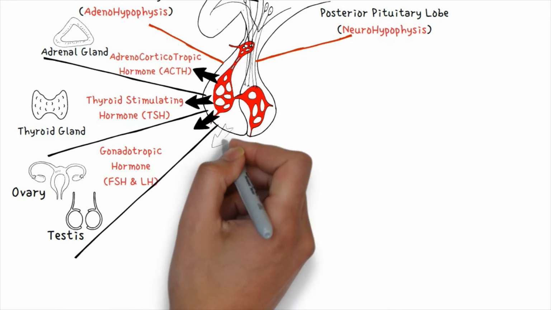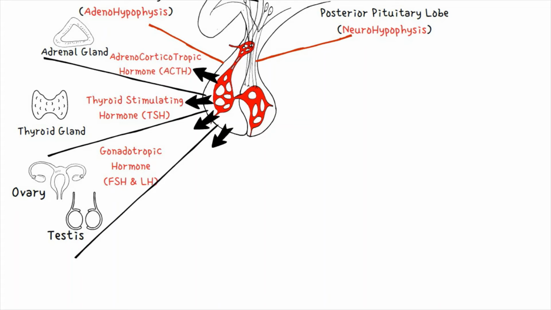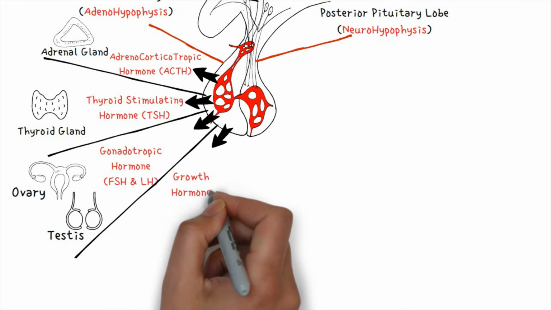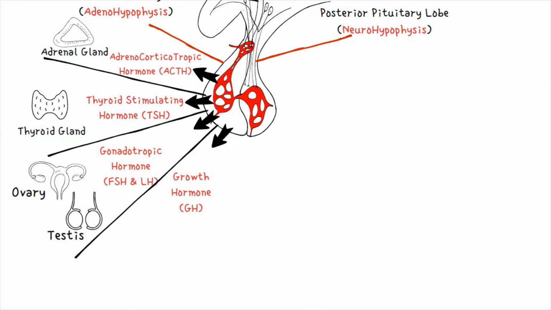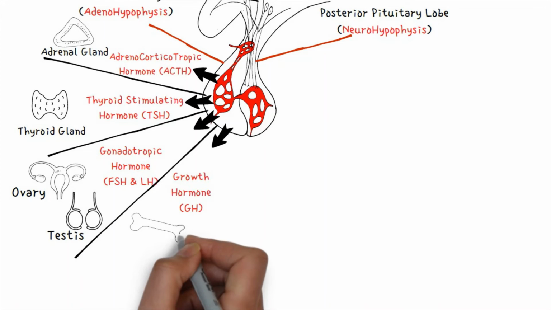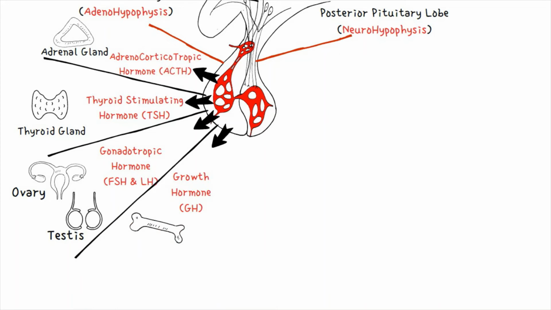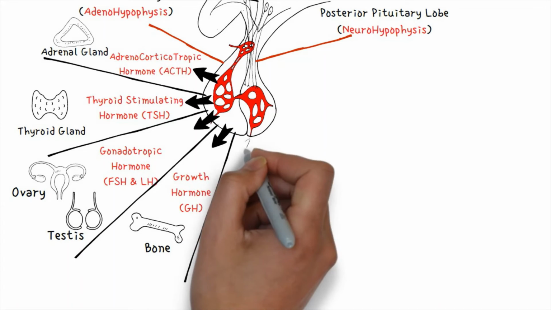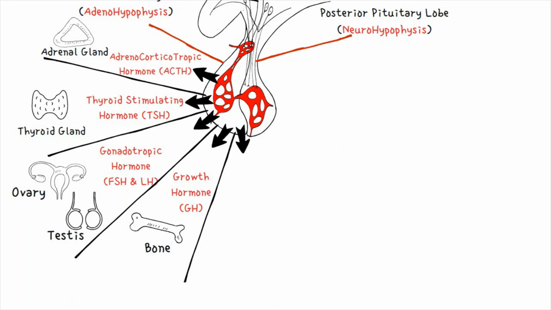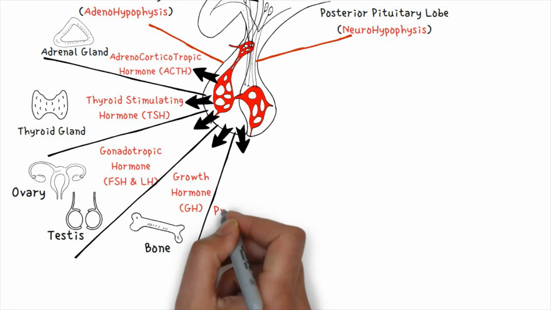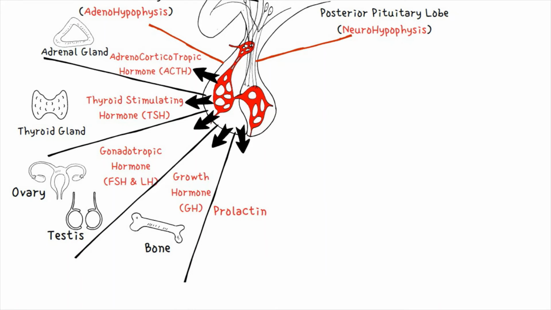Anterior lobe of the pituitary gland also produce another hormone known as growth hormone, also called somatotropin, and this hormone affects the growth of the bone and other soft tissues in the body. Other hormone known as prolactin is produced from the anterior lobe, and this hormone is essential for the production of milk in the mammary gland of females.